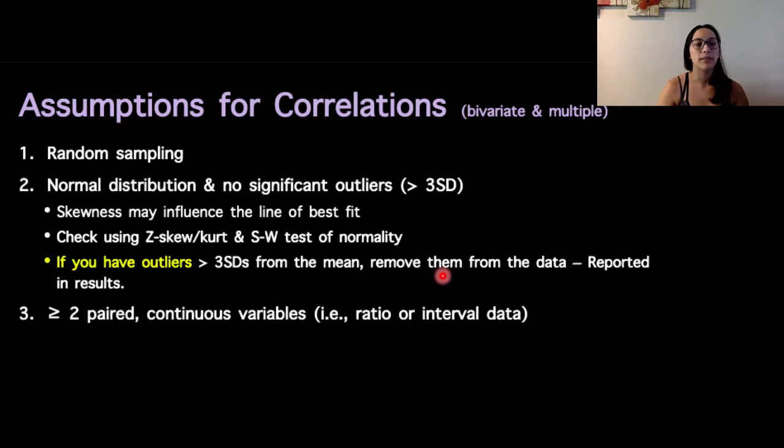Because sometimes, like the Shapiro-Wilk test, it'll tell you that your data are not normally distributed when they actually could be normal. Same thing with the z-skew and z-curt calculations. So that's why we have the central limit theorem. That's why it exists. Right? If you have a large enough sample, you can reasonably assume that you have a normal distribution of your sample data.